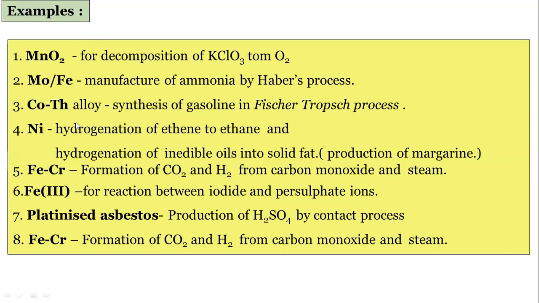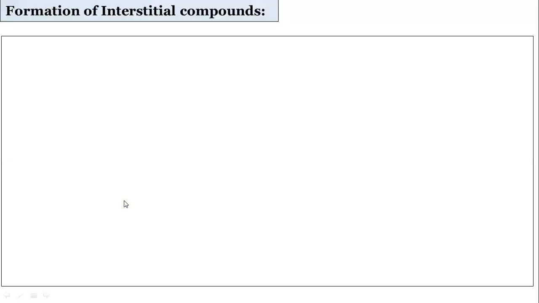Which catalyst is used for which reaction? Or they can ask for 1 mark, write the name of the catalyst of transition elements used for different reactions. Write any 2 examples. So remember any 2-3 important examples for the examination.